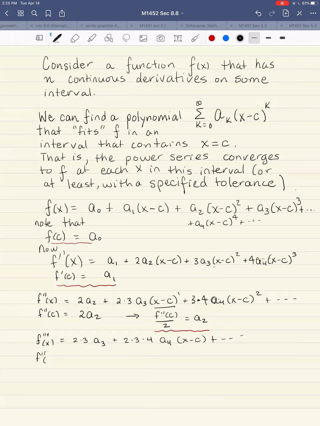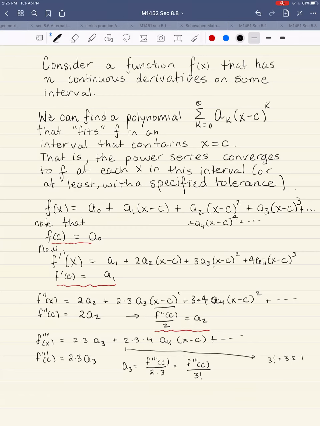But at x equal to c, all these terms out here will be 0, and we'll get 2 times 3 times a3, so that a3 is equal to the third derivative at c divided by 2 times 3. I'm going to write that as the third derivative at c divided by 3 factorial, since 3 factorial is 3 times 2 times 1.